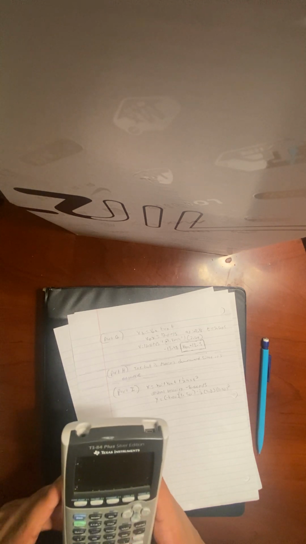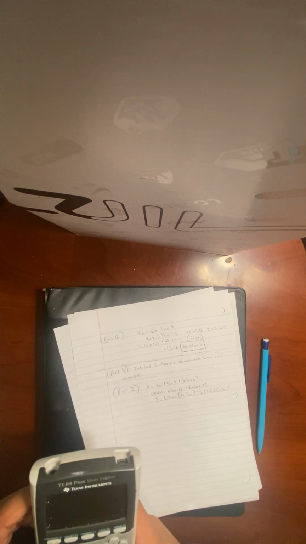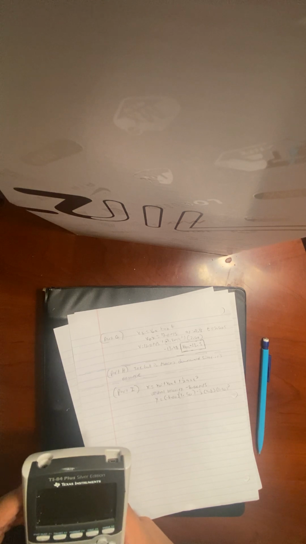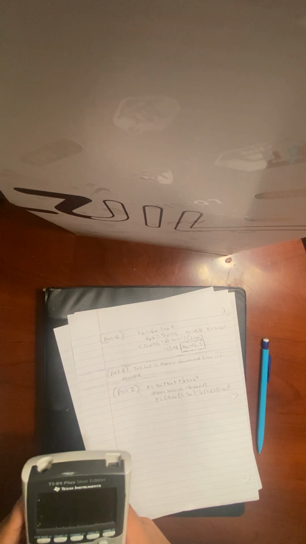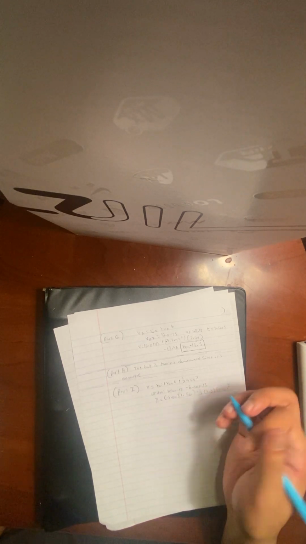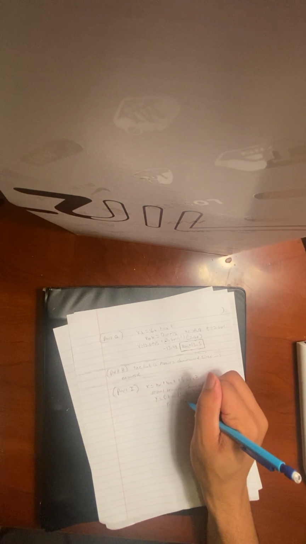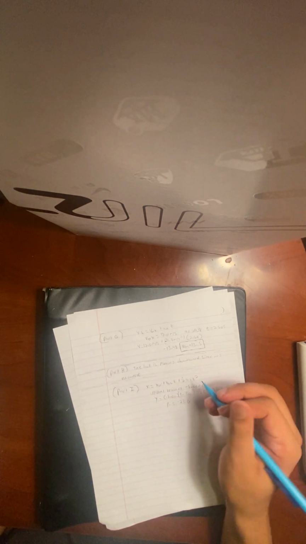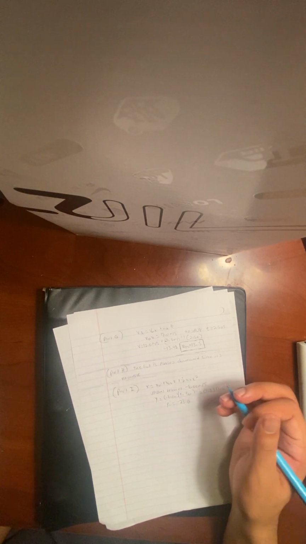I'm just solving this on my calculator. Okay, so that's what we got. After solving all of this, you get y1 equals -23.0. I rounded it up. My original answer was -23.025, but I didn't round it up. So that's your answer.